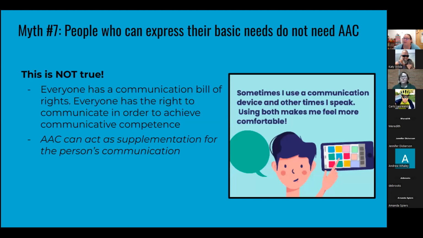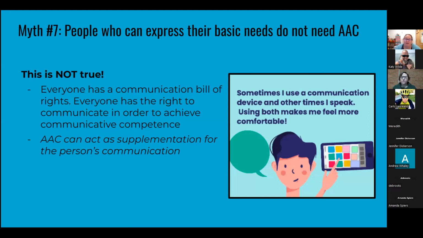The other myth that we want to address is that people who can already express their basic needs don't need AAC. Language is so extensive that just because you can ask for your favorite foods or your favorite TV show doesn't mean you have the language supports that you need to communicate with everybody throughout your day.